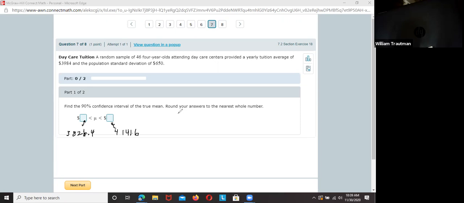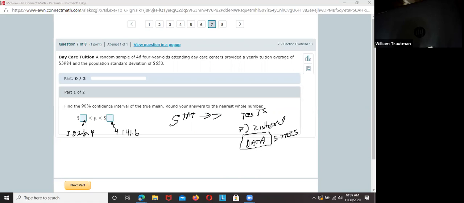And we go to stat, arrow over twice to tests, down to number 7, Z interval. And then we leave it in data.